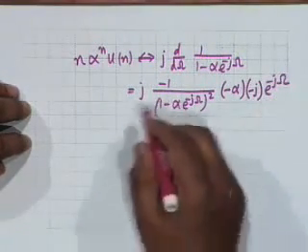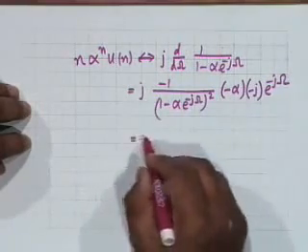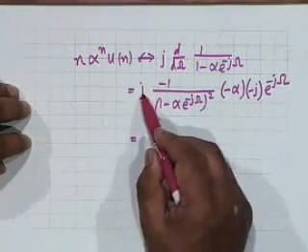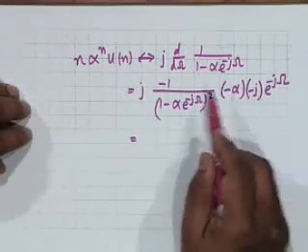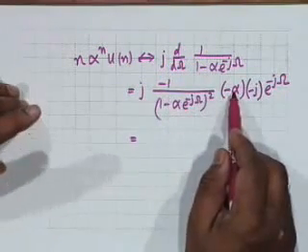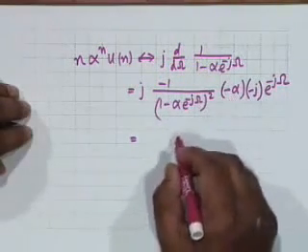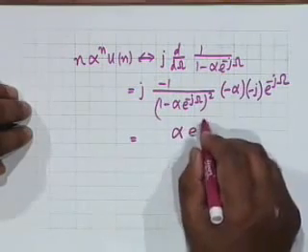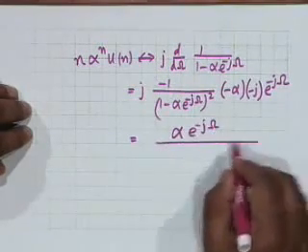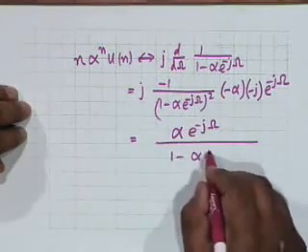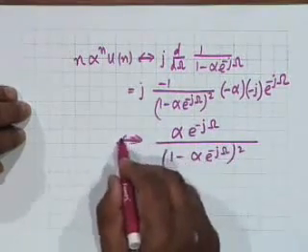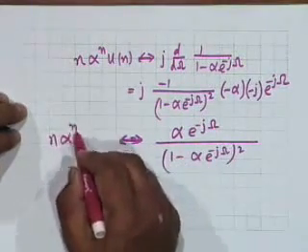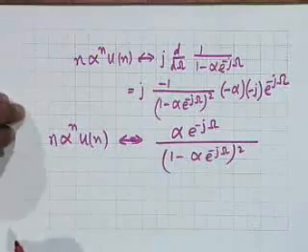There are many things that have to be taken care of. Let us see what these are. J and minus j shall become plus 1, and minus 1 and minus alpha shall become plus alpha, and therefore what we have is alpha e to the minus j omega divided by 1 minus alpha e to the minus j omega whole squared. This is the Fourier transform of n alpha to the n u of n.